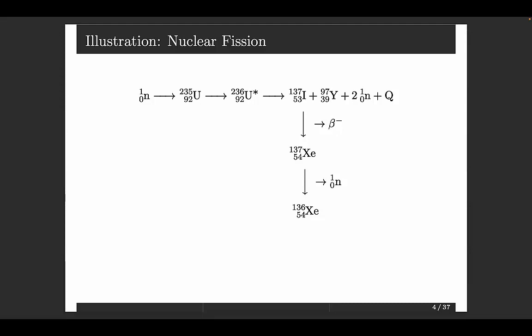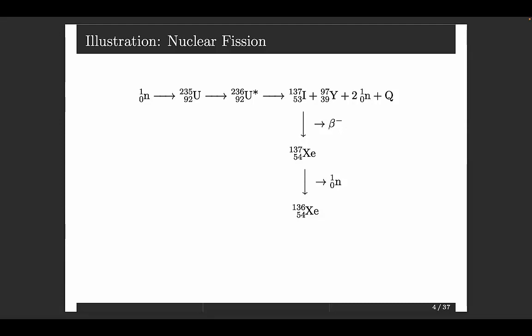Now, the iodine-137 isotope is unstable, and it gets converted to a xenon isotope through what's called beta decay, which means that it loses an electron. Xenon-137 is also unstable, and through neutron emission, it converts to xenon-136. Note that there are other fission byproducts that are possible here. This is just showing one possibility.